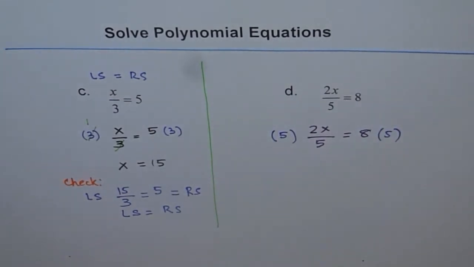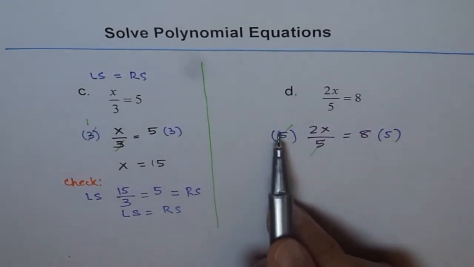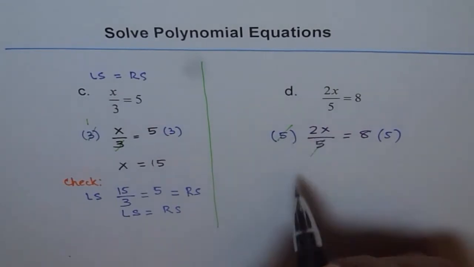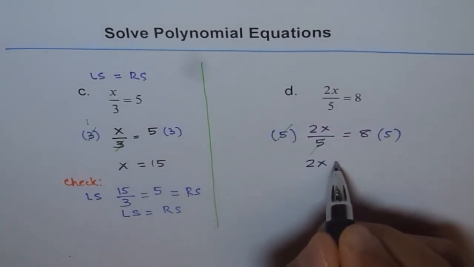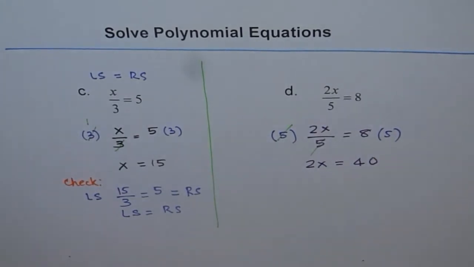If we do so, then 5 divided by 5 is 1, and you are left with 1 times 2x, which is 2x, right? So we get 2x equals 8 times 5, which is 40. Is it okay? That is what you get after multiplying both sides by 5. You remember, if you multiply by the same number or divide by the same number on both sides, the equation remains the same, right?